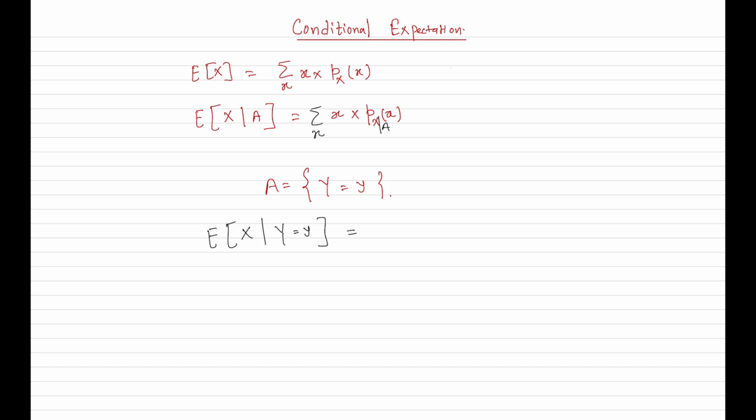Again we are finding the expectation of the random variable x. So here, whatever value the random variable x can take, that is little x, times the conditional PMF, the probability of x given y.